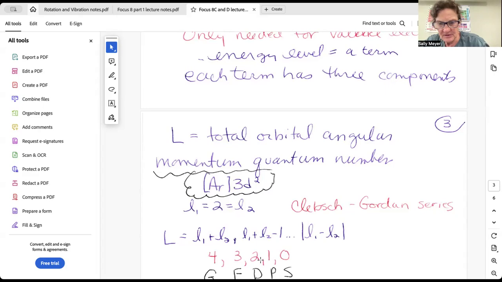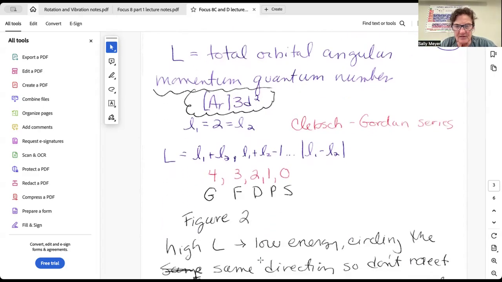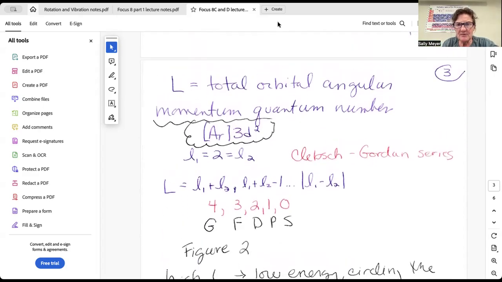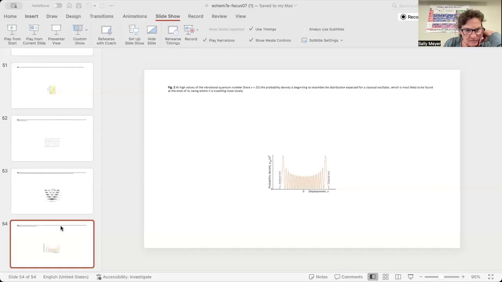Let's look at figure 2 quickly before we continue. So this is not L equals 2, this is 2p electrons, so each has L equals 1.